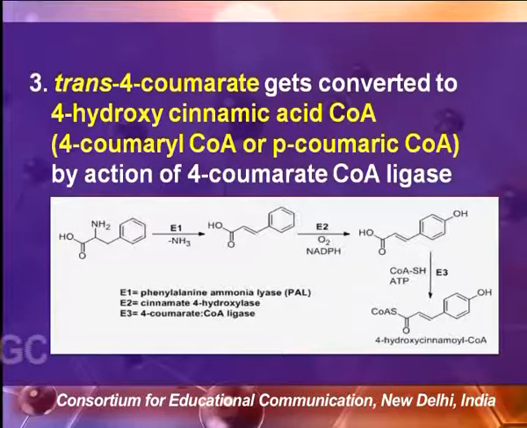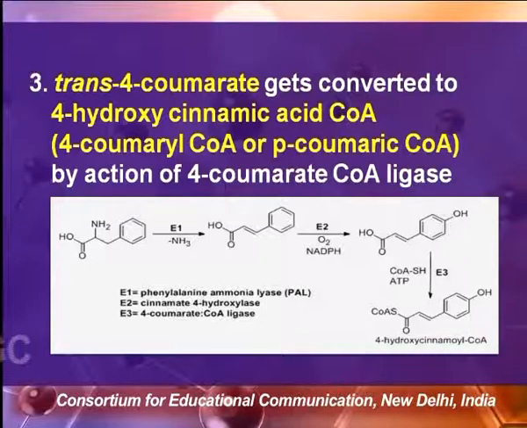Now, this trans-4-coumarate further gets converted into 4-coumaroyl CoA. This happens by the action of the 4-coumarate CoA ligase enzyme, and this reaction occurs with the help of an ATP molecule. Now, this conversion of trans-4-coumarate into 4-coumaroyl CoA occurs in 2 intermediate steps.